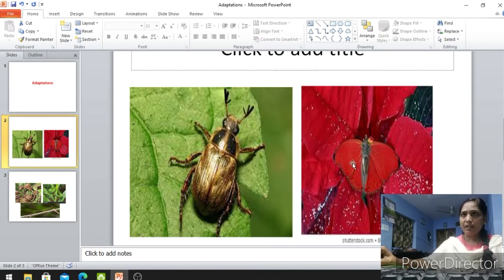So by this, the predators which eat these butterflies cannot identify them. It is merging with the surroundings. It's blending in its surroundings. So for the predators, it will be difficult to identify this butterfly.